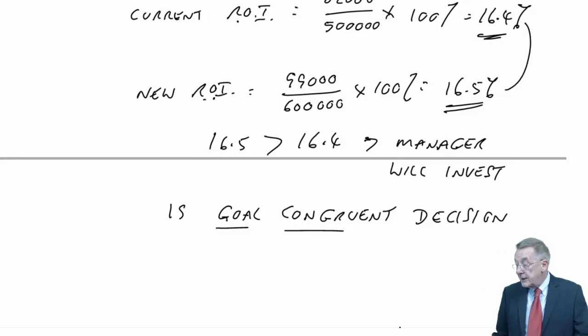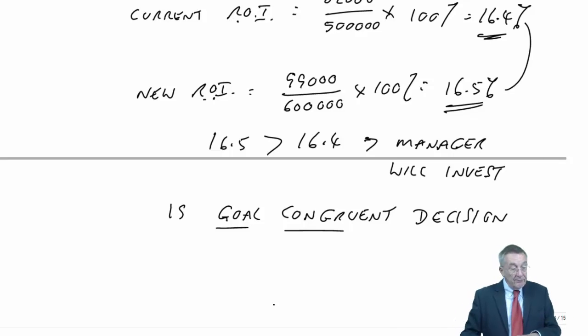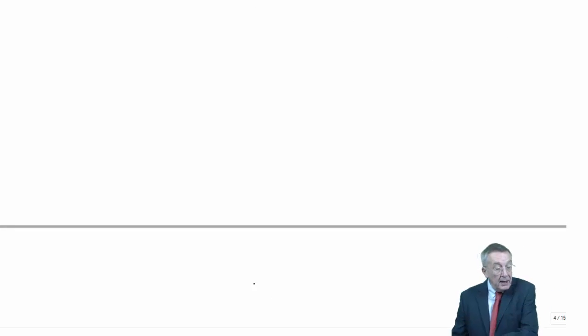So look at exercise 3 over the page. It's exactly the same information, so you have to look back at exercise 2 in a minute, but this time we're considering a commercially worthwhile investment which will cost 100,000, and this time we'll give 16,000 a year.